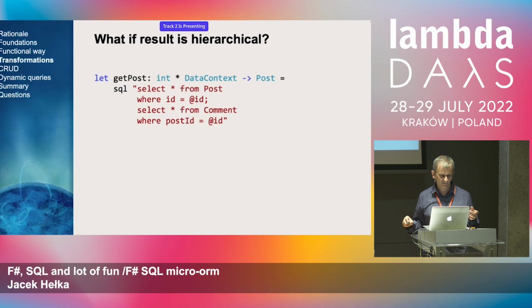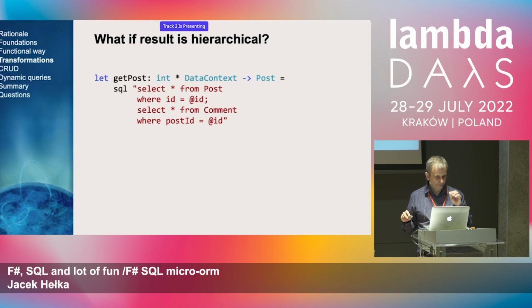So how to solve this problem? Fortunately, in .NET, in ADO.NET, we can call more than one SQL query in one round trip. We can write some queries separated with semicolons, and if we execute them, we have one result set with many results.